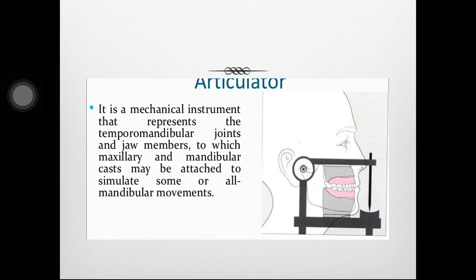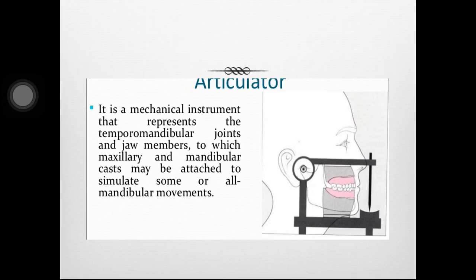Dental articulator is basically a mechanical instrument that represents the temporomandibular joints and jaw members to which maxillary and mandibular casts may be attached to simulate some or all mandibular movements. Mandibular movements, as we know, are very complex in nature. Maxillomandibular relationships are also very complex in nature.